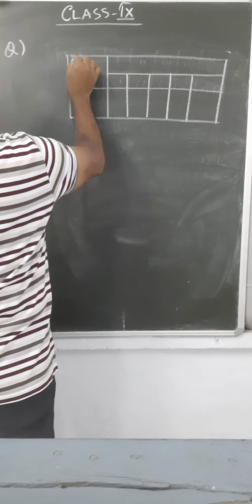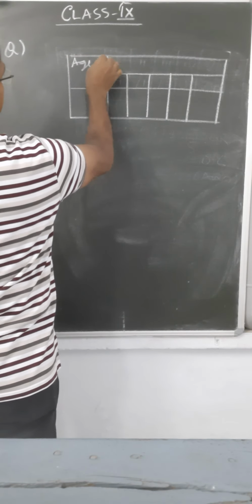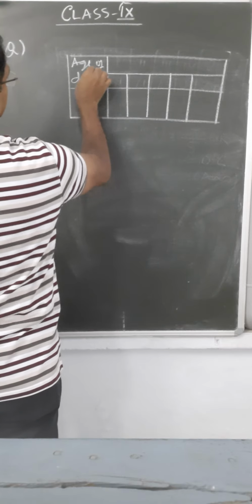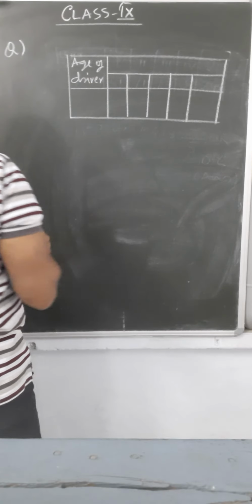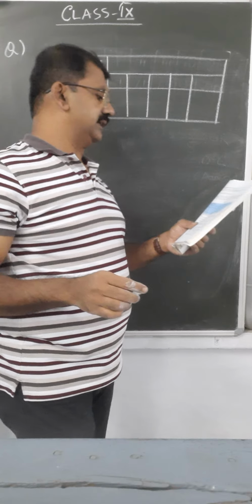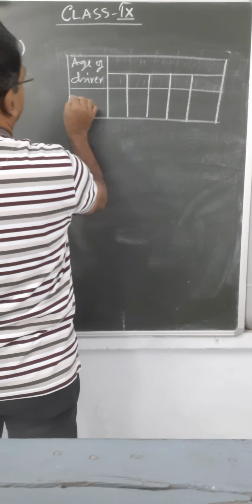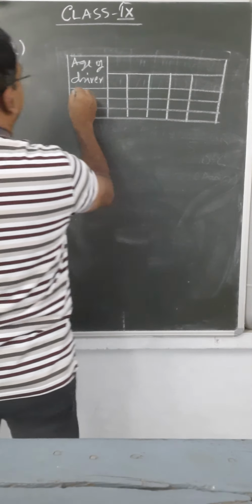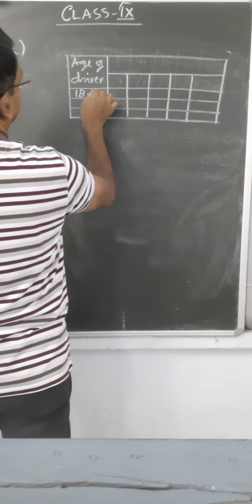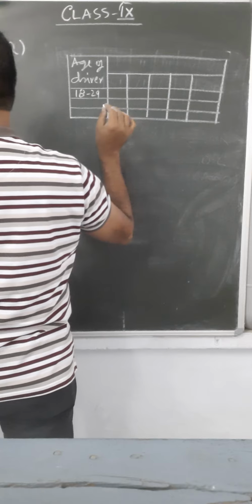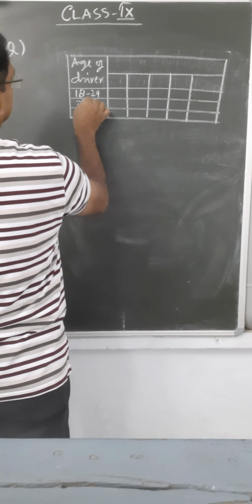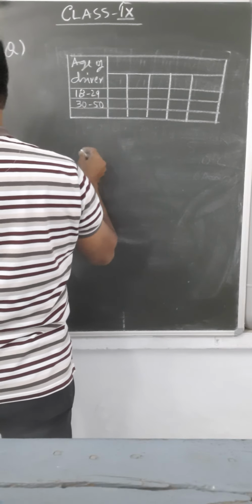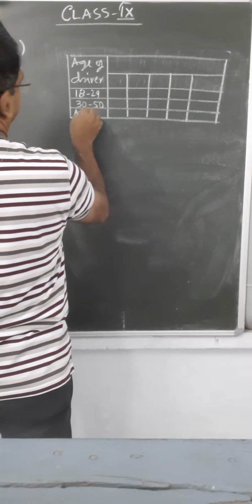This is the age of driver, obviously in years. 18 to 29, that is 18 years to 29 years. Then 30 to 50, and then above 50.